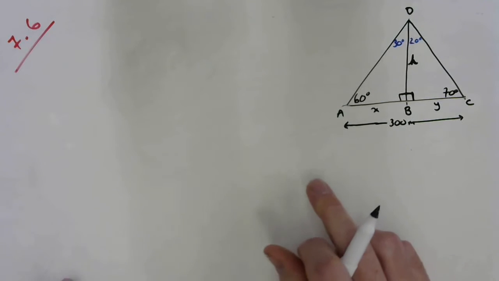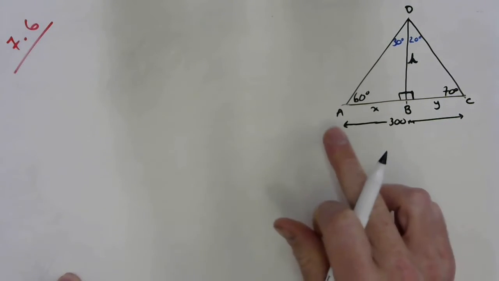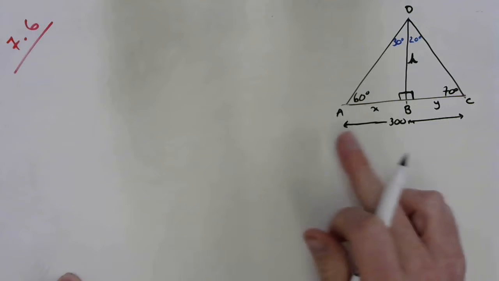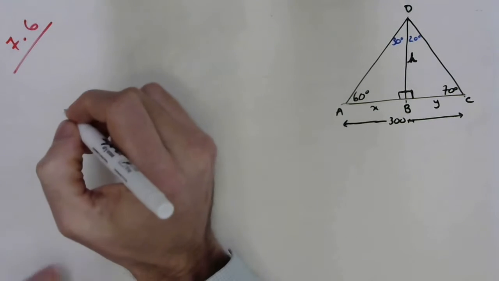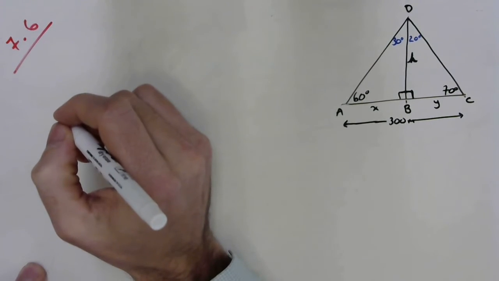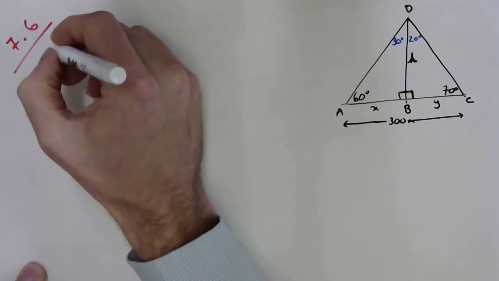What do we know that involves x plus y? Well, we know x plus y is 300. So we're just going to write things that we know at first. And we're going to take a little note.